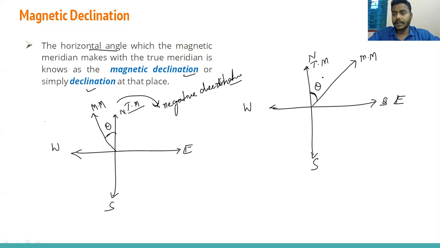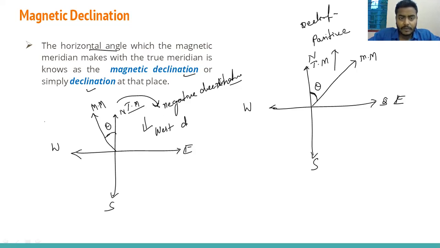And when the declination is towards the east, then it is called a positive declination. It is also called declination to the west, west declination in short, and east declination.